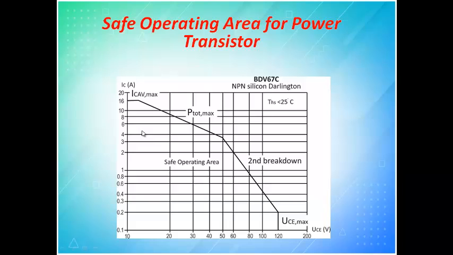Let us assume I have connected 10 mobiles. Each mobile draws a current of 2 amps, so 10 into 2 is 20 amps. Or let us assume your mobile battery draws 1 amp, and if you charge 5 mobiles, then you require a current of around 5 amps.